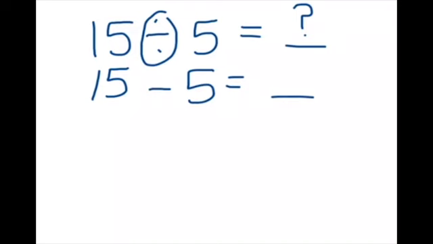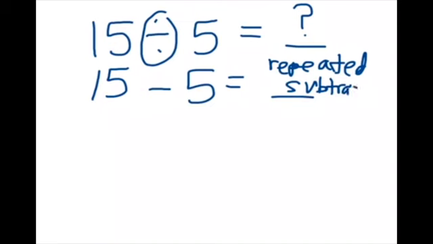Well, I'm not going to stop at 15 minus 5, but I'm going to remember the strategy is repeated subtraction. So I'm going to make a number line, and I'm going to repeatedly do 15 minus 5 until I get to the number 0. Okay, and you'll see how that gets me the answer to a division problem when I make this number line.